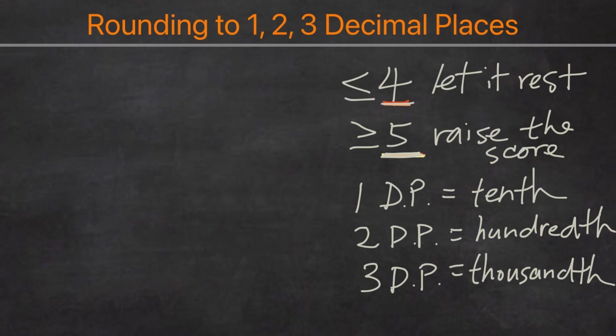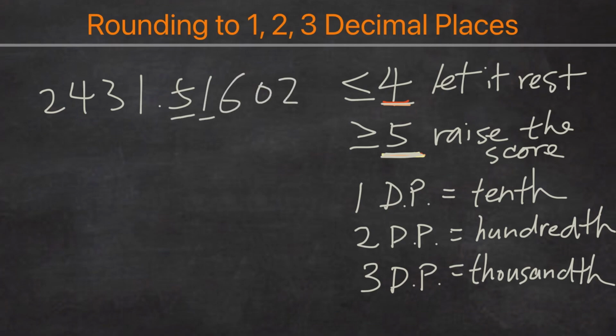Now we'll do one more example before we get to the quiz question. 2431.51602. So that's 1, 2, 3. Now we're looking at the number to the right. 0 means that it will fall under the rule of rounding 4 or less, and let it rest.